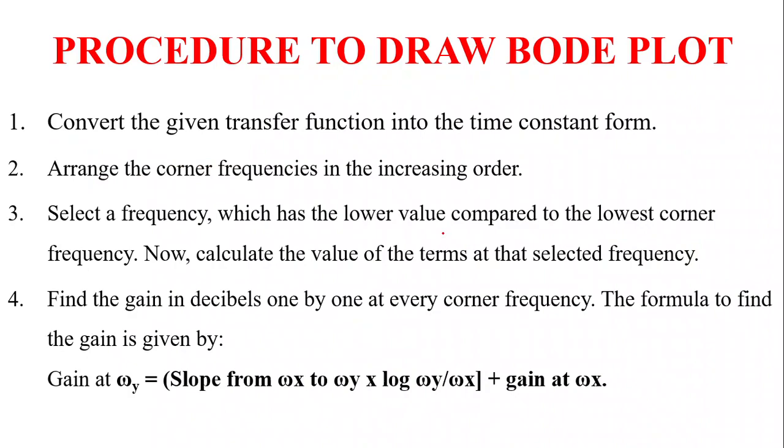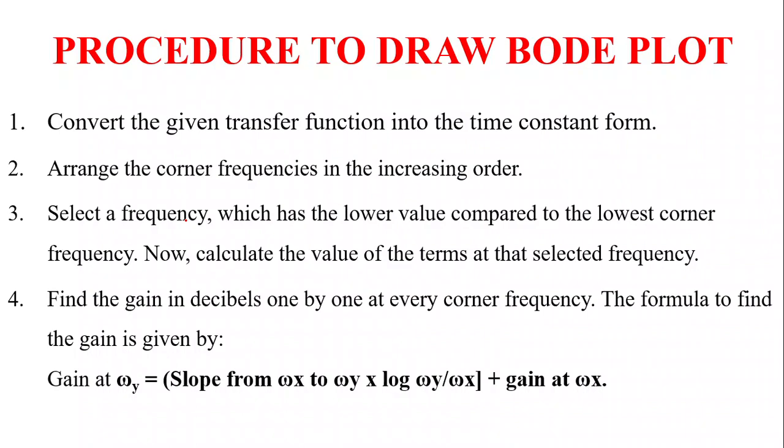Next we are going to see about the procedure to draw the Bode plot. Before that, let's discuss the main conclusions obtained from the topic. The constant gain K, the derivative factor, and the integral factor in the Bode plot contribute gain at all frequencies.